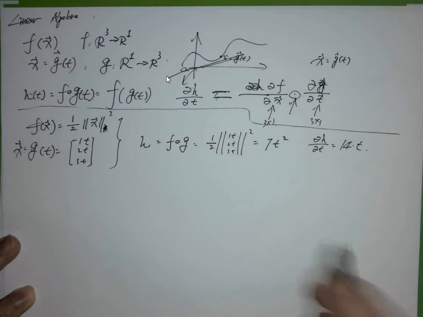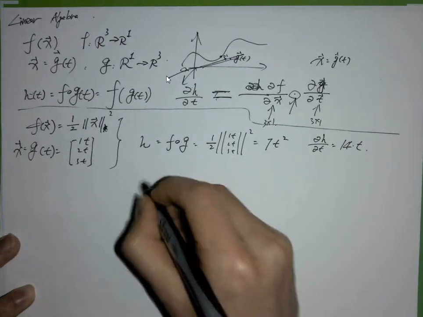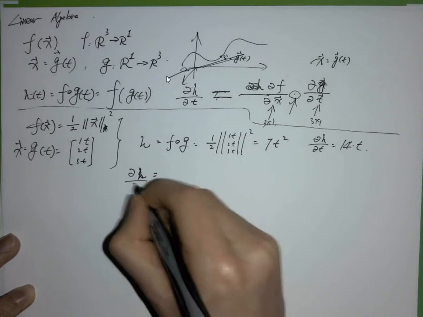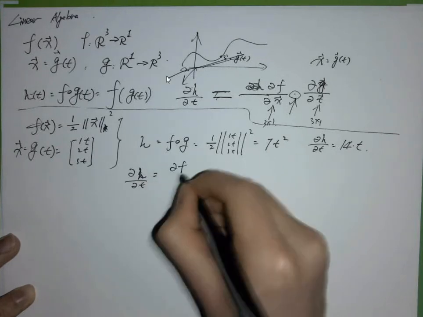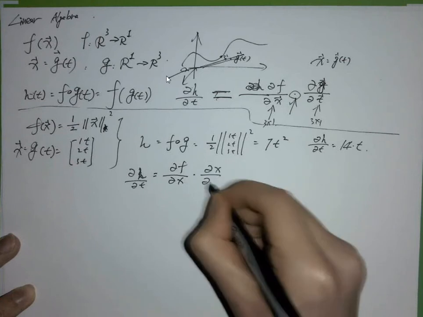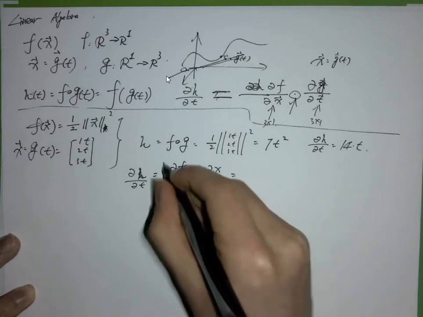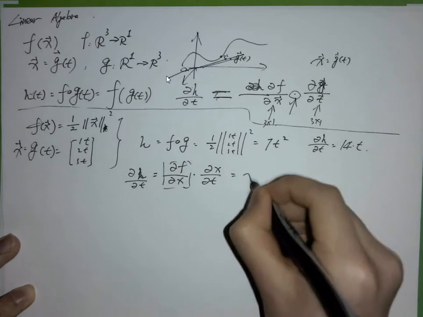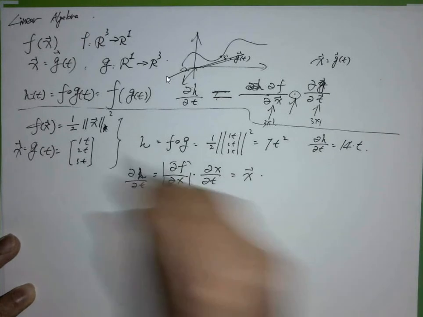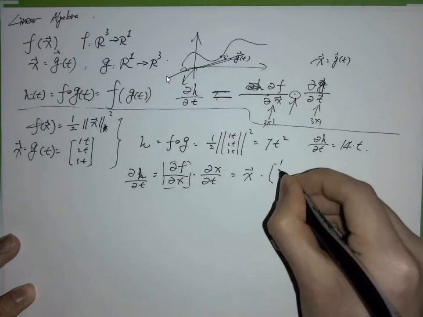Or we can do it this way, because we know that dh/dt equals df/dx contracted with dx/dt, and we know that df/dx is what? It's just x, right? And we dot product with dx/dt, which is (1, 2, 3).